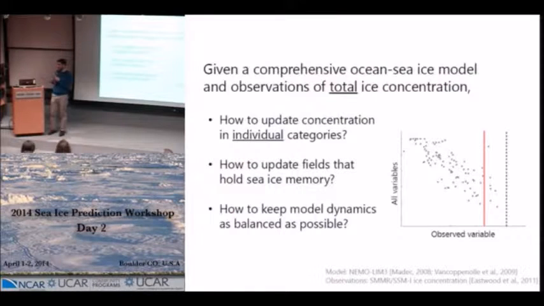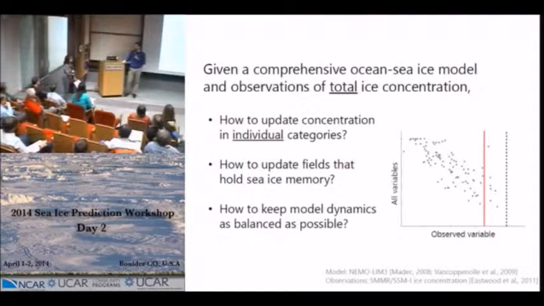So I think the definitions are different, and there's a risk that you will assimilate something that is not exactly the same in the models and in the observations. It's a bit like comparing thickness against open-water-weighted thickness or something like that. More categories.